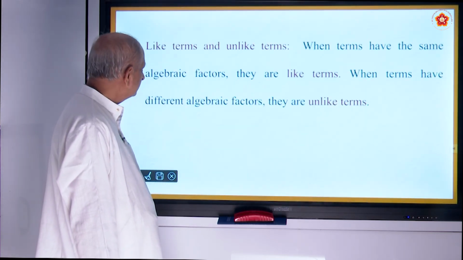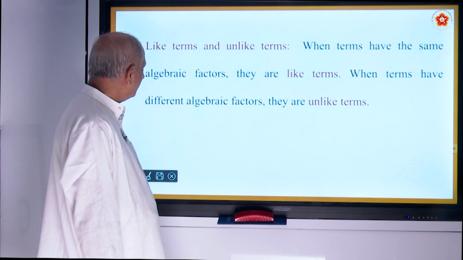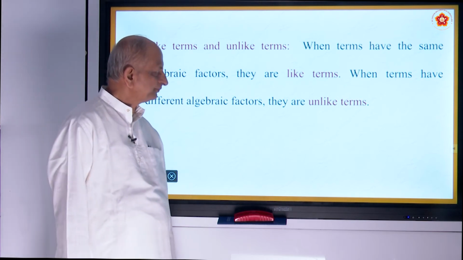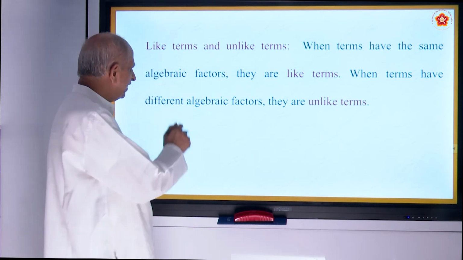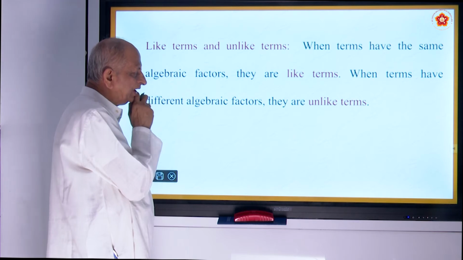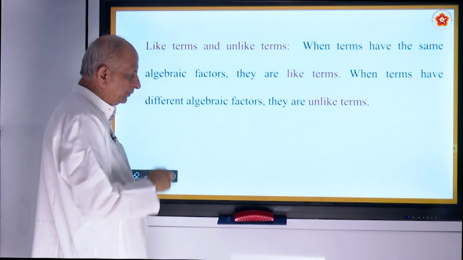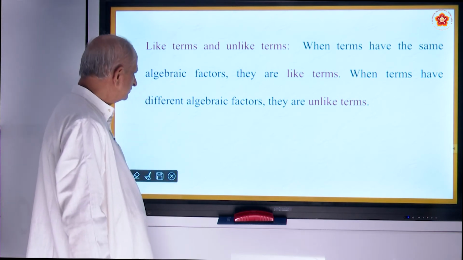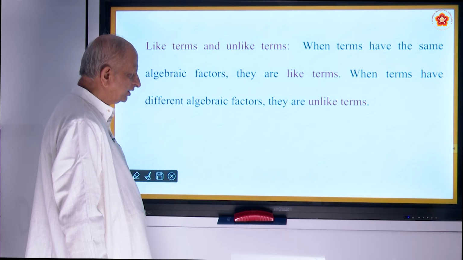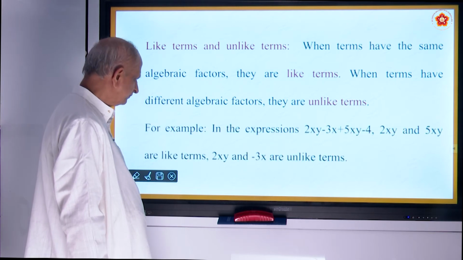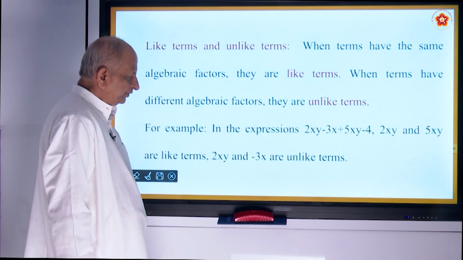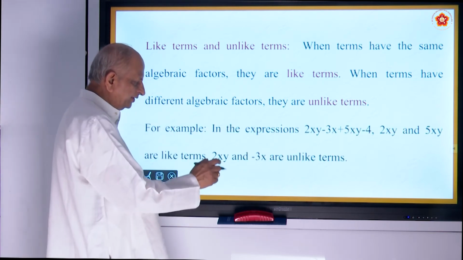Next question, next term: like terms and unlike terms. When terms have the same algebraic factor, they are called like terms. When terms have different algebraic factors, they are called unlike terms. So, come on, here is an expression.